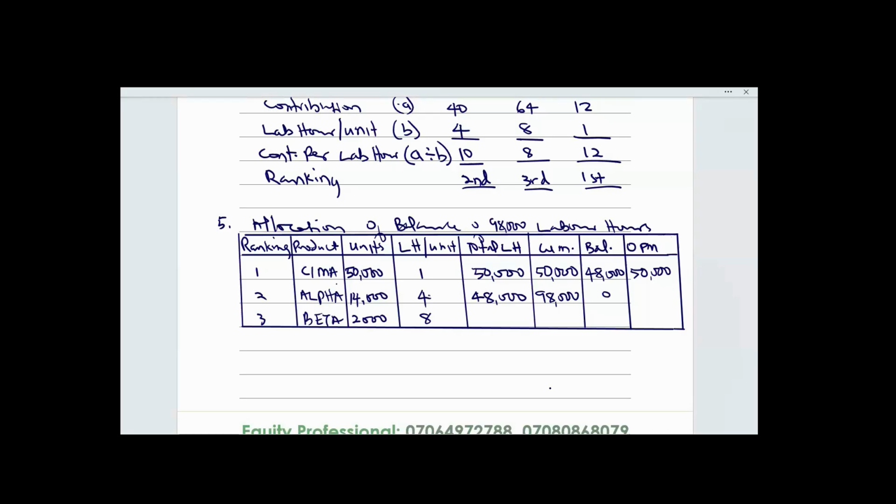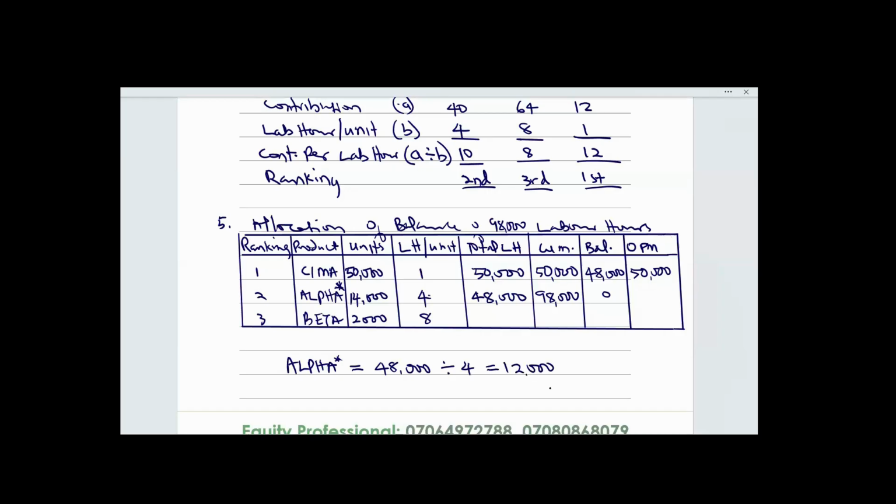Therefore, how many units out of the 14,000 Alpha are we going to produce? 48,000 divided by 4 will give us 12,000.